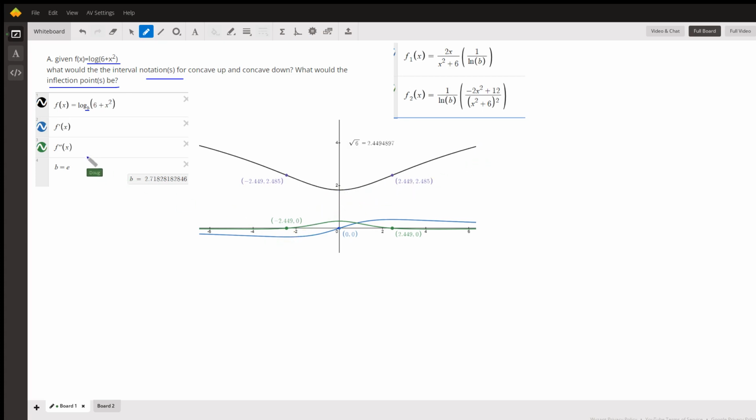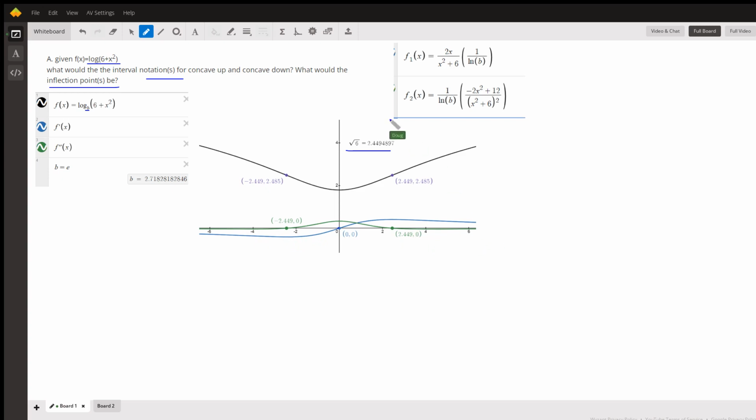And the second derivative, which is the green graph, has a value of 0 at the square root of 6 and at the negative square root of 6. And that's where the points of inflection are, because the second derivative changed sign. It went from negative, which you can barely tell, to positive, and then back to negative.